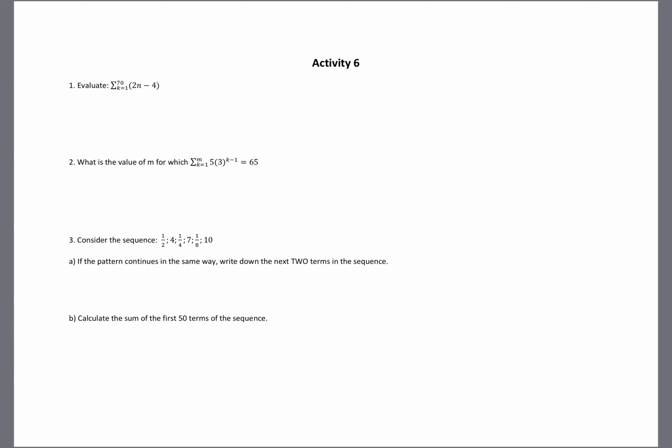So now our T1 is equal to 5 multiplied by 3 to the power of, that's when you substitute your k. Your k is 1 minus 1, which is 0, right? So my T1 is going to be 1 multiplied by 5, which is a 5.